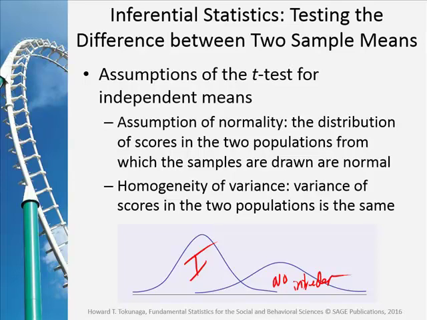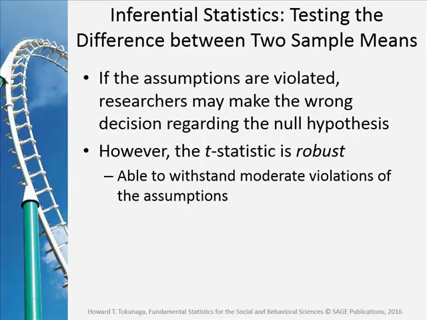We make an assumption that the variance is the same. It's known as homogeneity. Homogeneity of variance. The assumption that the variance is the same. But what if in fact it's different? We sort of correct for this when we compute that joint standard error. So we don't have to worry about it too much. As long as it's a small difference, we'll be okay.